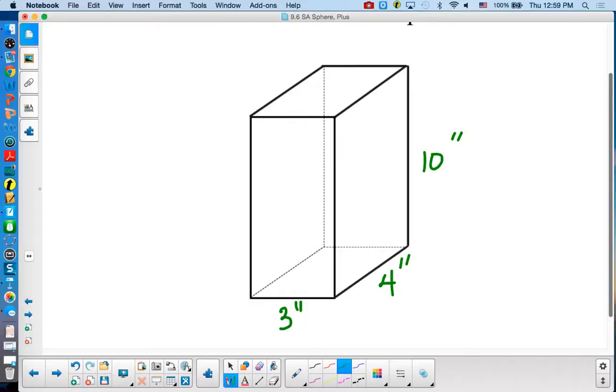What shape is this one? Rectangular prism. So there's a formula for prisms. When it says B, that means base area. How you find it depends what shape that base is. You have to use the area for the correct shape to do your base area. 3, 4, and 10 I have.